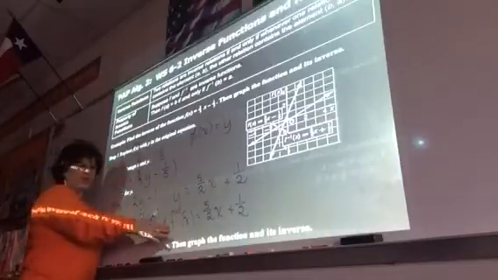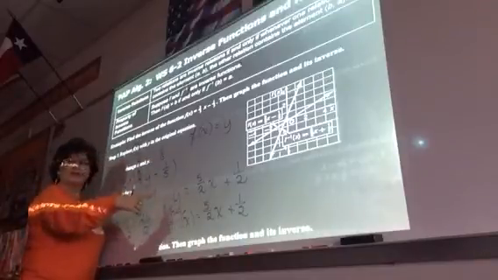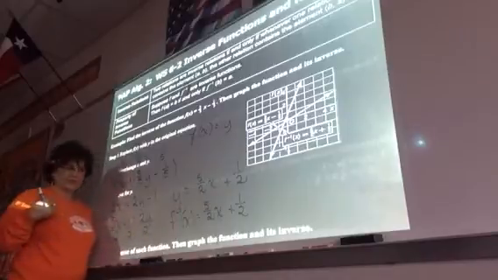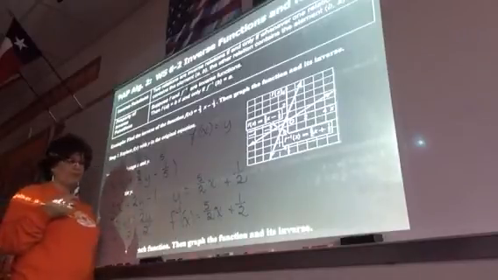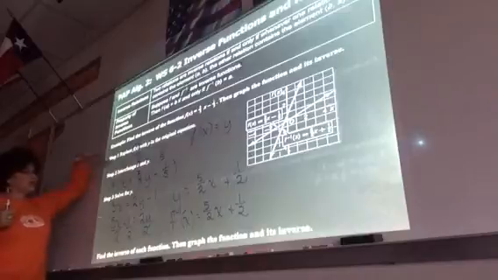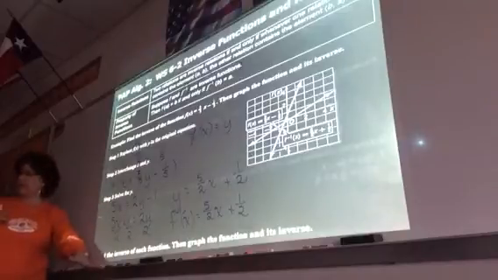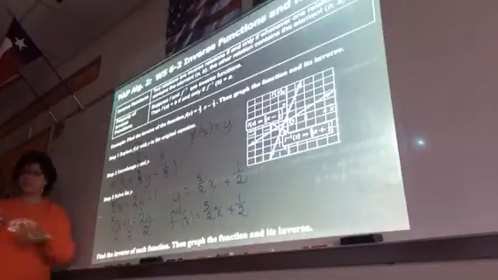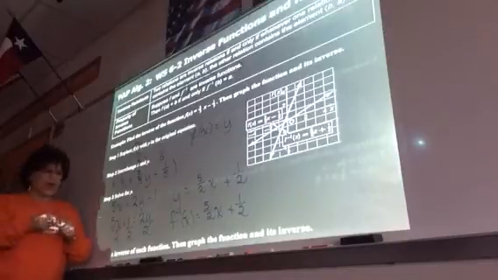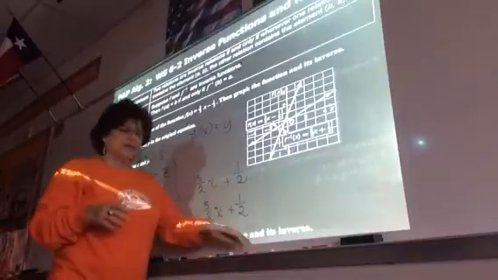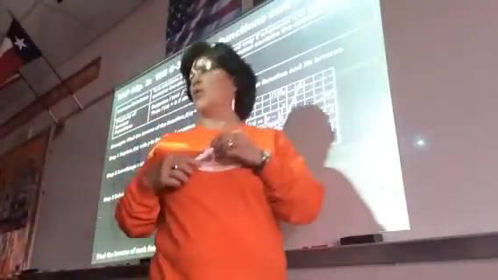In blue we have the inverse function of f. Any questions on step 1, 2, and 3? Because that's what I'll have you do here at the bottom of the page. Any questions?